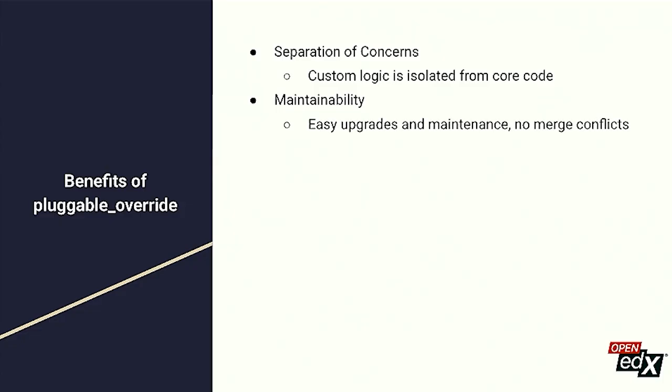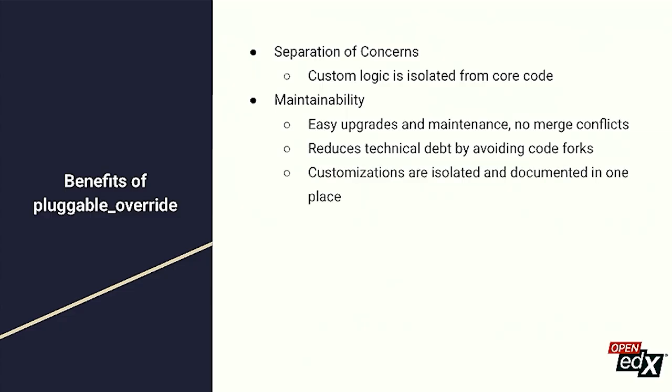As I've explained previously, it makes the upgrades easier to manage, as there would be no merge conflicts with the upstream code base, and there won't be any technical debts introduced, as we will avoid forking the repository. And again, as the customizations are isolated, we can document it in one place. So it's all isolated and documented separately.